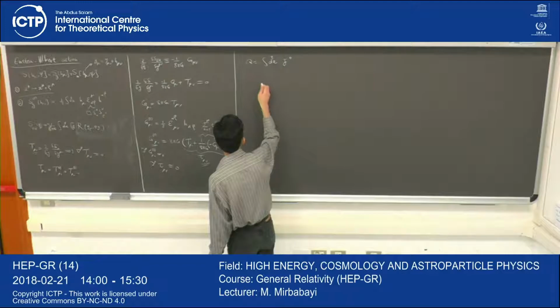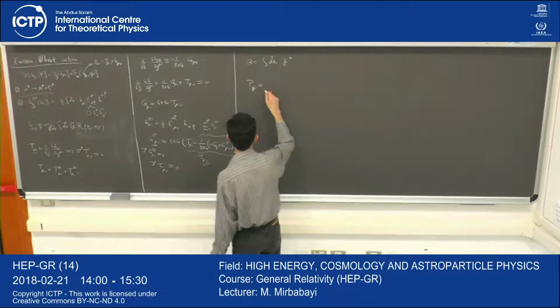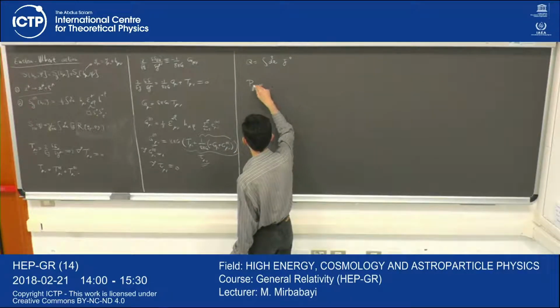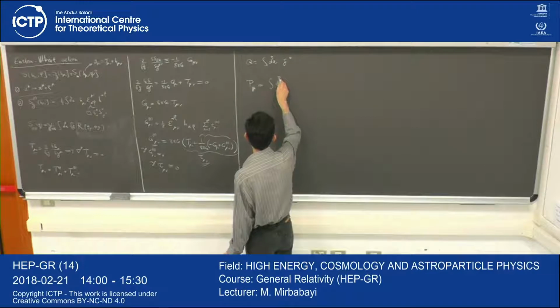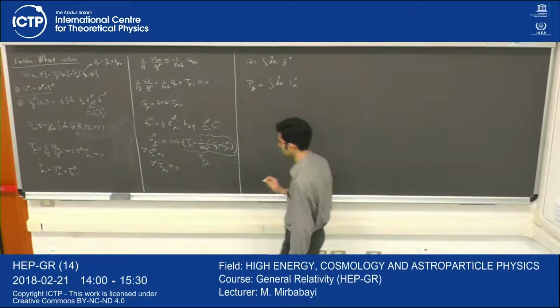So one can consider this object, this P mu, as the integral, this dx over some full time slice, of the zeroth component of the pseudo tensor.